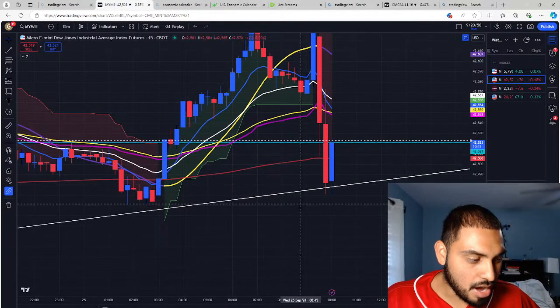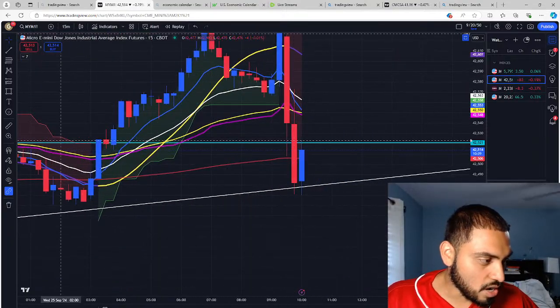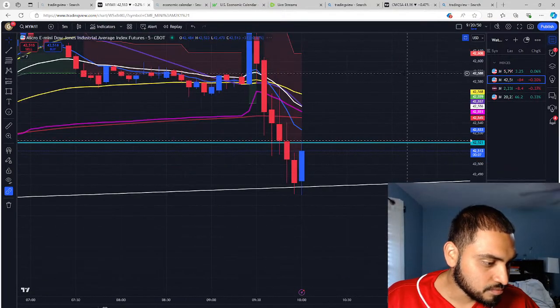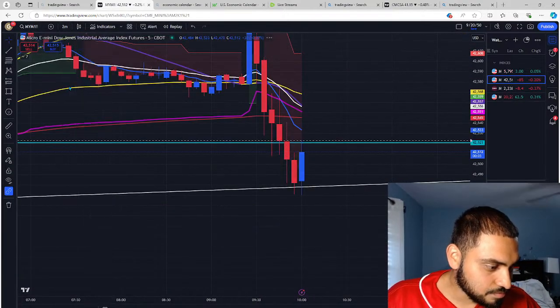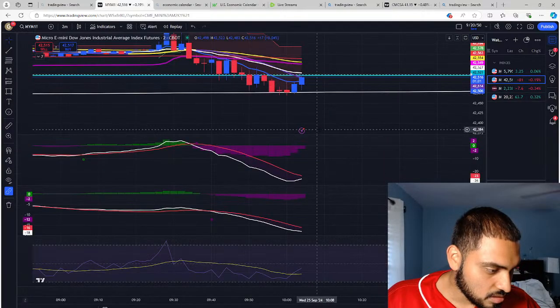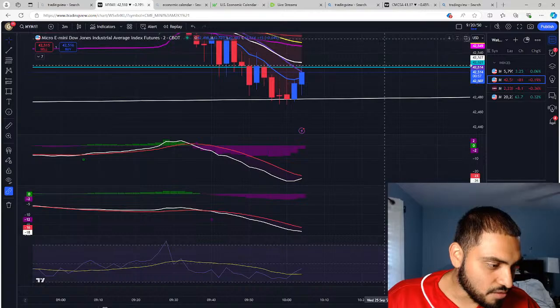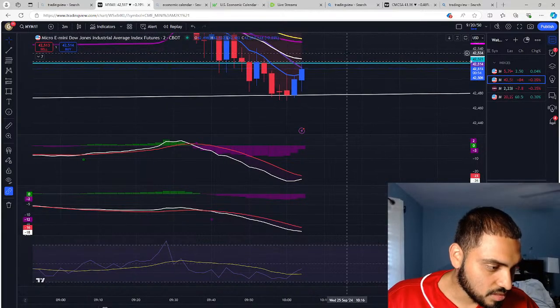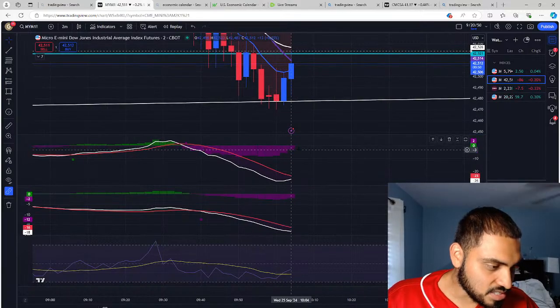Found support coming up. Got to respect that trend line. Trend works. So 5 minute, still red. Okay, 2 minute, still red. All right, let's keep watching to see if it rejects, because this is still red.